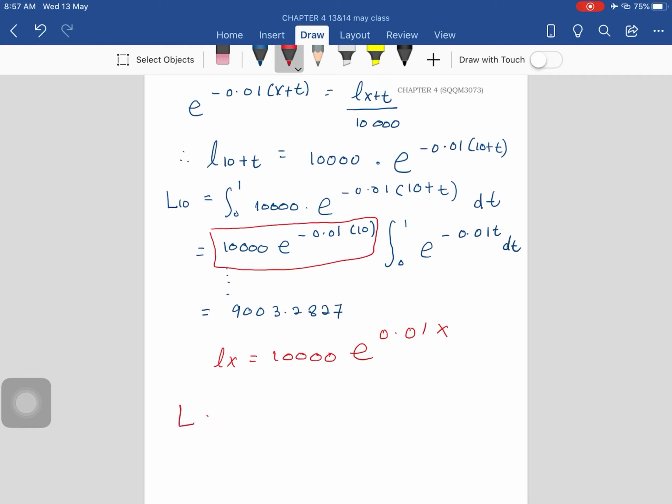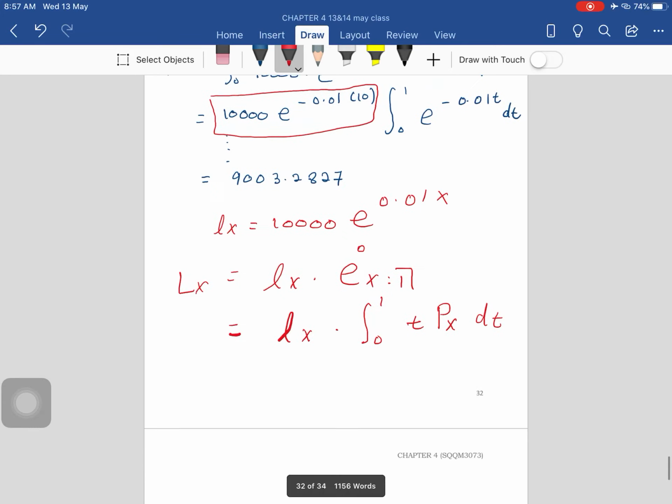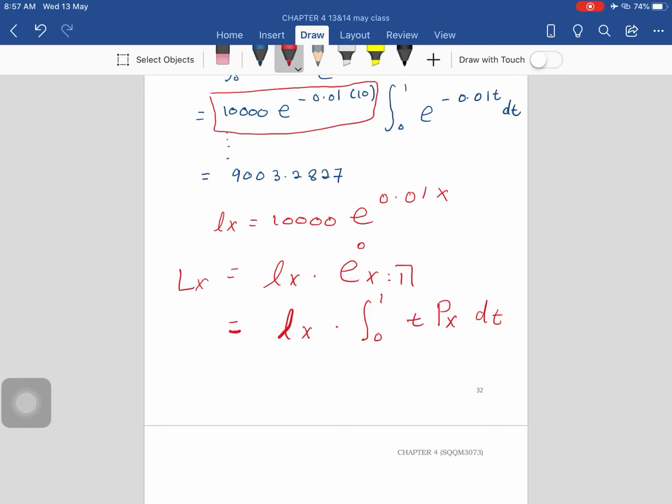Lx is equal to Lx times... remember, we also can use this one. Since it is only one interval, Lx times, if we write down E to the x in Tpx, it is the integration of Tpx. So Lx times the integral from 0 to 1 of Tpx is E negative 0.01 T dt.